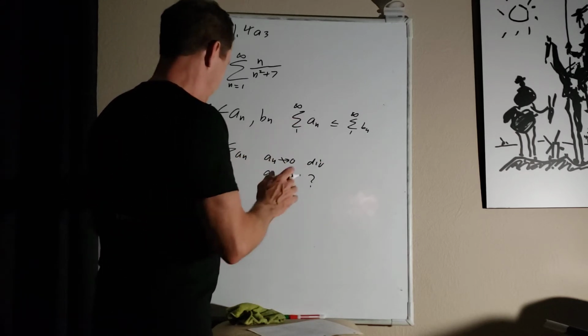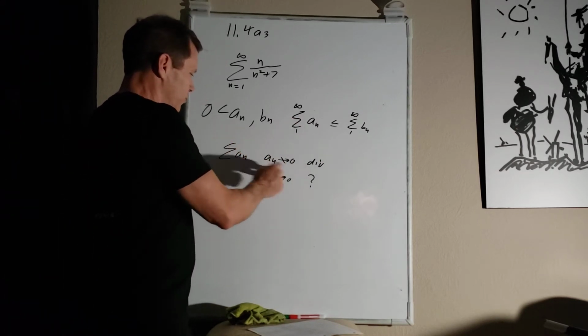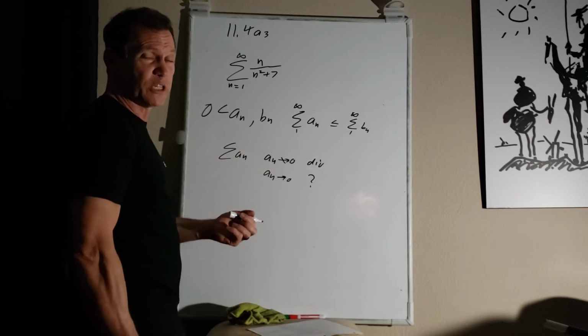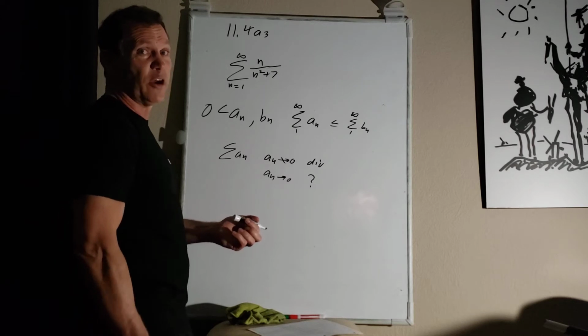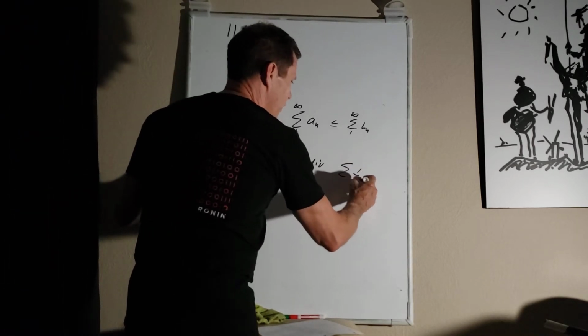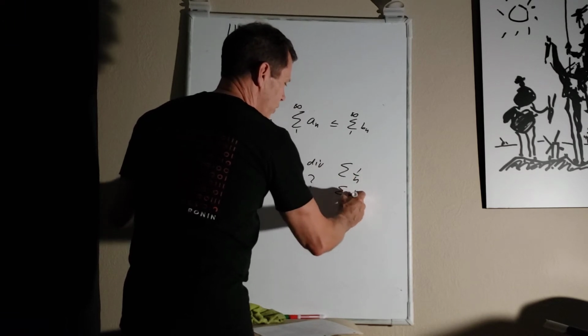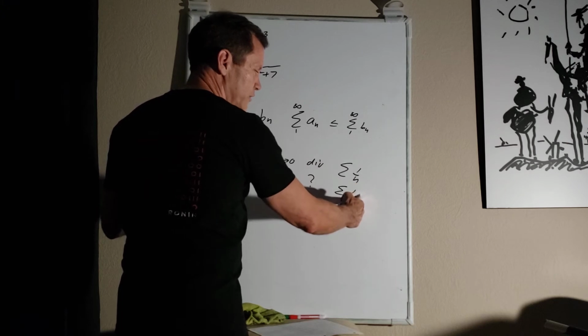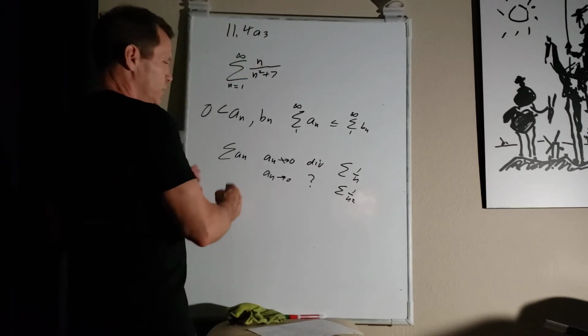We'll look at that later. The insides have to go to 0 if it's going to work, but just getting them to go to 0 doesn't tell you that it works. For example, summation 1 over n blows up. Summation 1 over n squared converges. Insides go to 0 in both. This one blows up, that one doesn't.